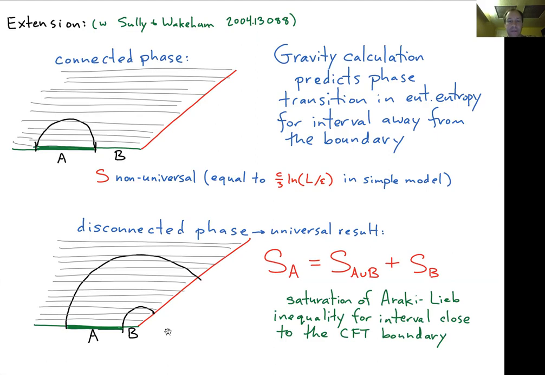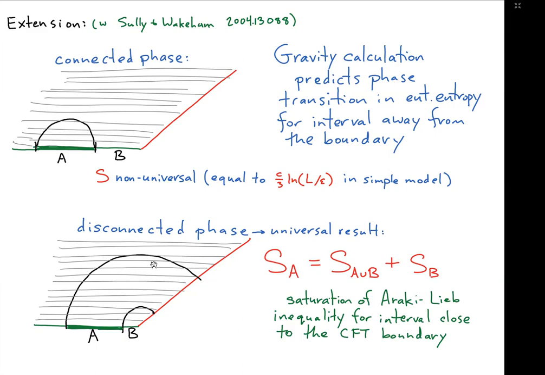So even if this is a complicated geometry, in the holographic calculation S_A is equal to this plus this, and both are simple entanglement entropies of regions including the boundary. So we can write a simple answer for the entanglement entropy of A, even without knowing the detailed geometry, just from the fact that it's disconnected.